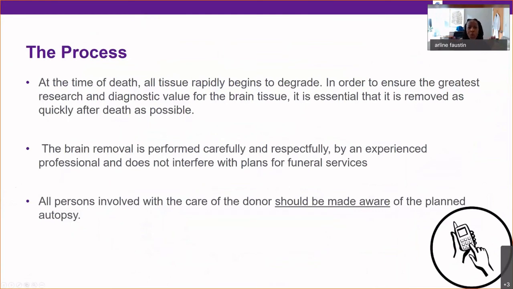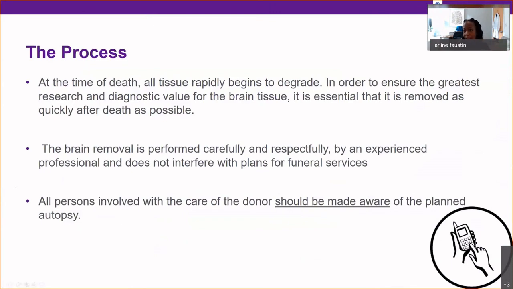So just to go over the process of brain donation, at the time of death, just so you know, all tissue begins to rapidly degrade. So in order to ensure the greatest research and diagnostic value for brain tissue, it's essential that it is removed as quickly after death as possible. Now, that doesn't mean an hour, 2 hours, you know.